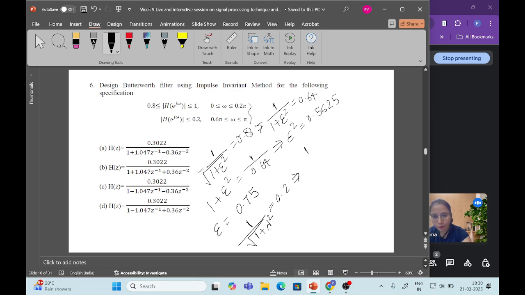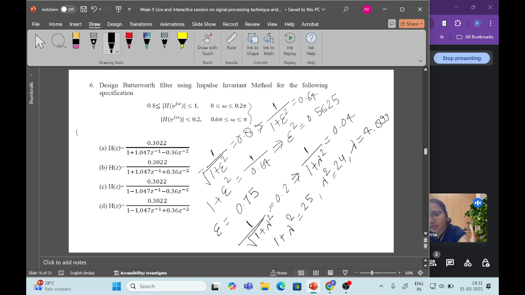Similarly from here you will get 1 plus lambda squared is equal to 25, so lambda squared is 24. If you further solve it, you will get lambda is equal to 4.899.